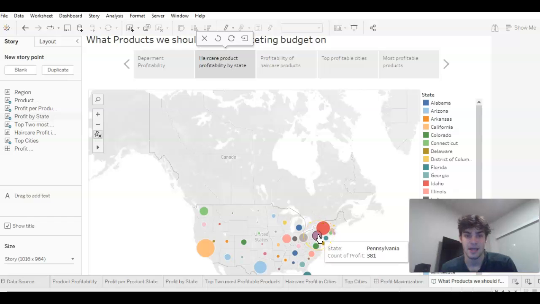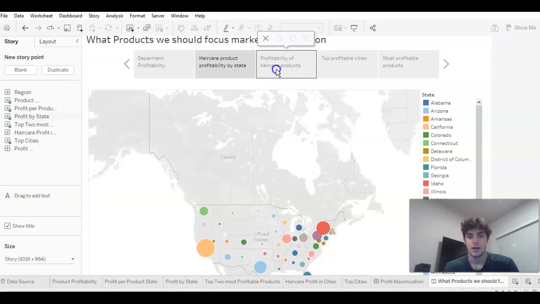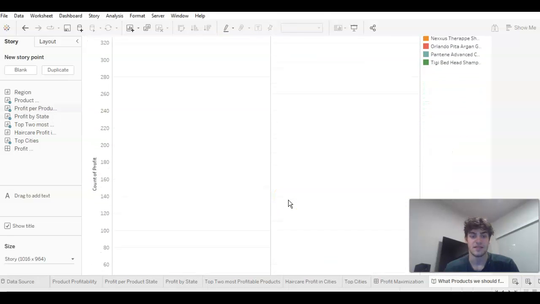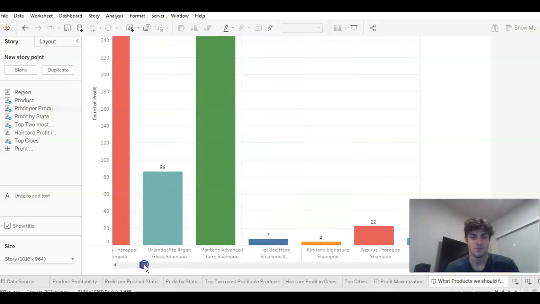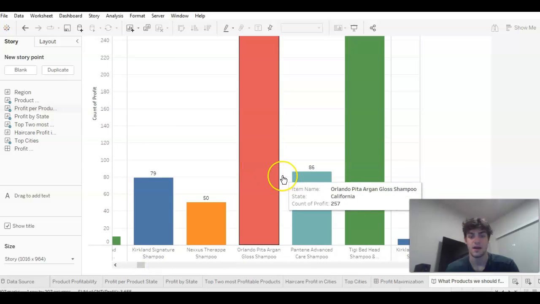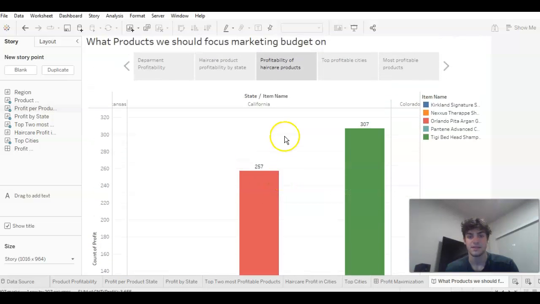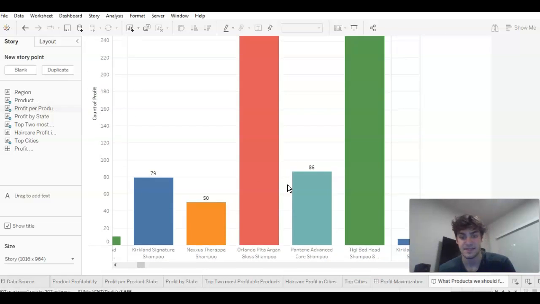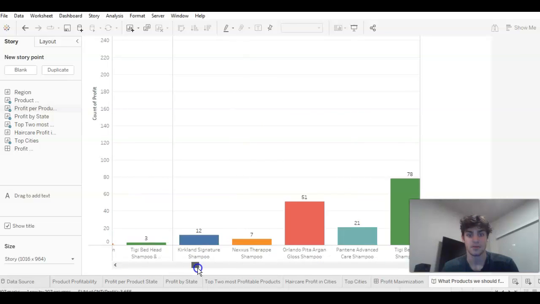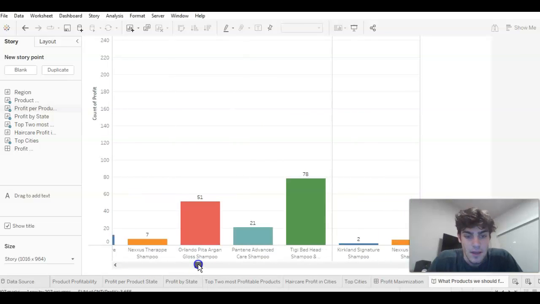I started to notice that there were bigger dots, more profit in these states. And that's when I really started to deep dive into the numbers here. So as you can see, as we move along, we're having a lot of profitability in states like California. And I started to realize that these states actually had big cities in them. So that's something that I took notice of.